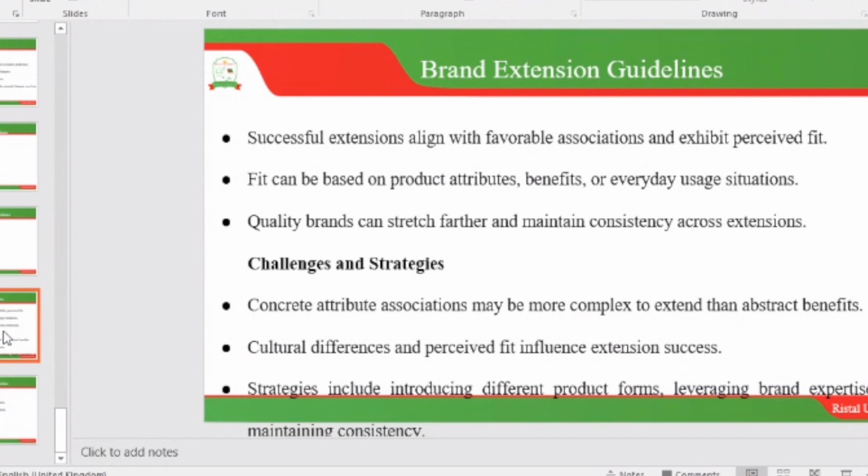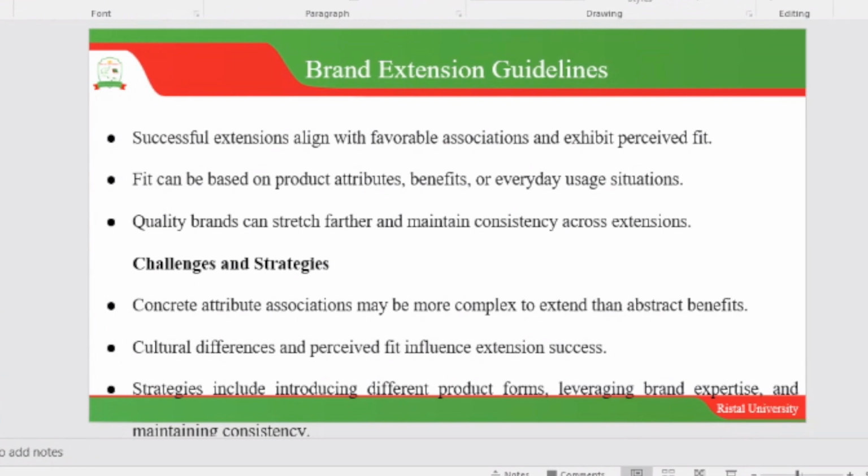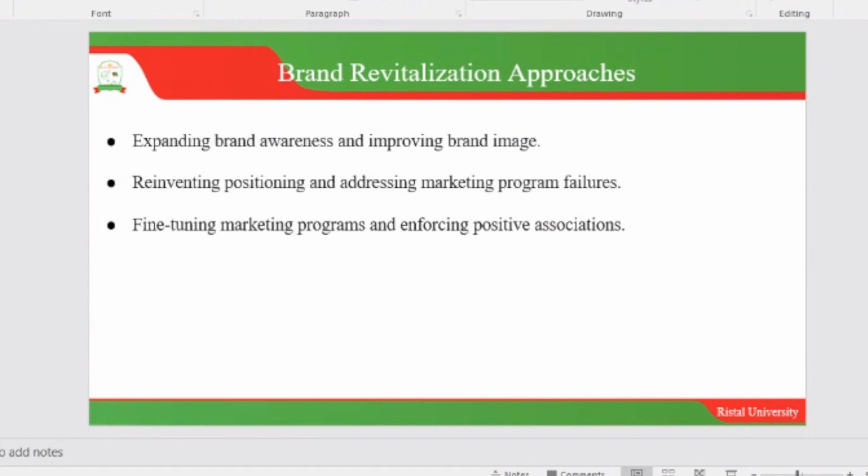Whether this is true is for science to prove, but in marketing you can see that this has broken through to the market. So some of the strategies include introducing different product forms, leveraging brand expertise, and maintaining your quality.